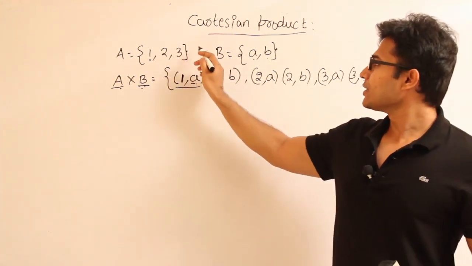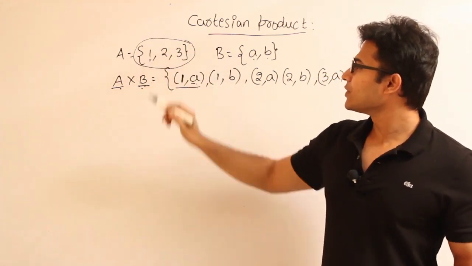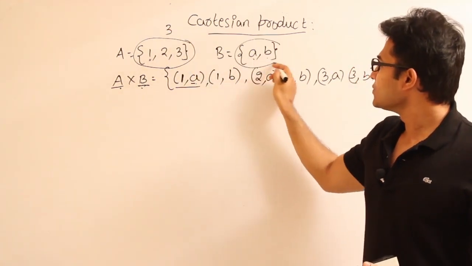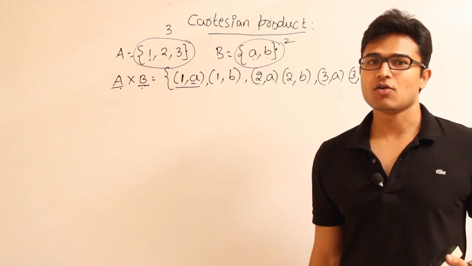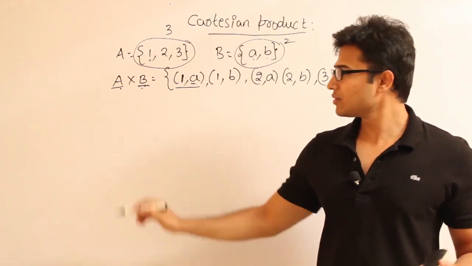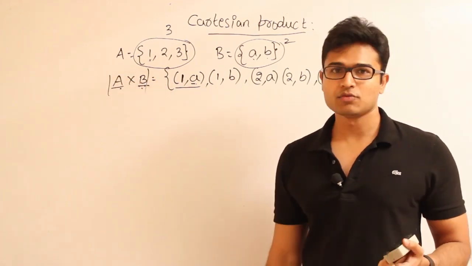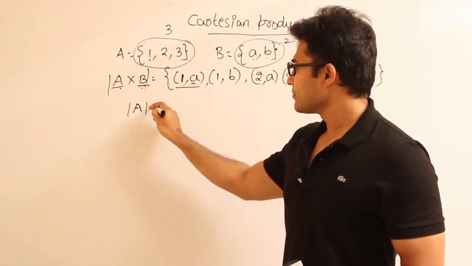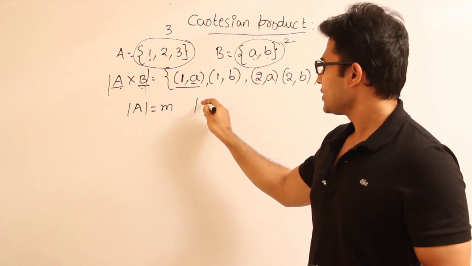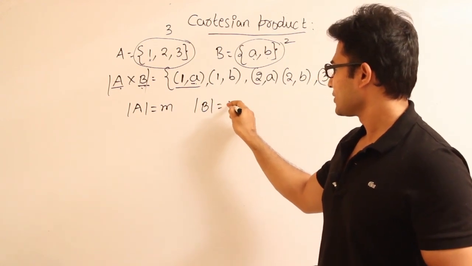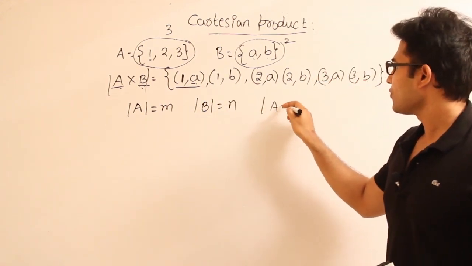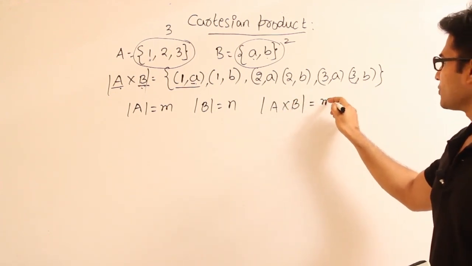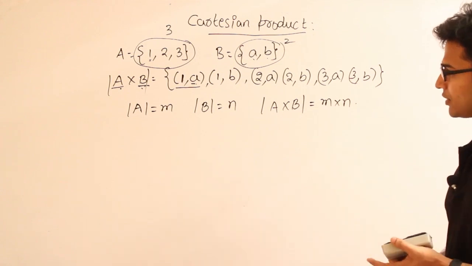In this case, the number of elements in A, the cardinality of A, is 3 and the cardinality of B is 2. That is why the cardinality of A cross B, this set, happens to be 6. So in general, if the cardinality of A equals M and the cardinality of B equals N, then the cardinality of A Cartesian product B is going to be M times N. I think you got the reason, right?